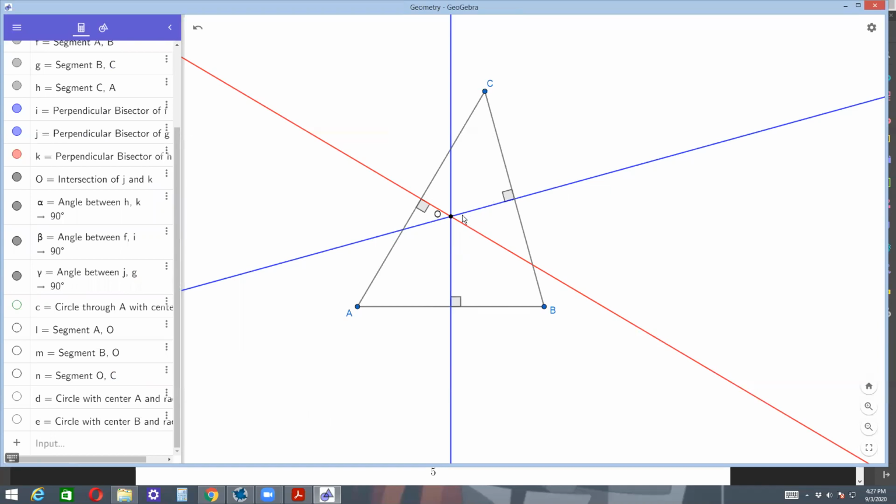Now, the question I'm going to ask you now is, how do you prove that they actually intersect at a common point? So I have 2 of them drawn in blue and 1 drawn in red. Let me ignore the 1 drawn in red for now. I'm going to take the perpendicular bisectors of AB and BC. Obviously they're not parallel, so they must intersect.